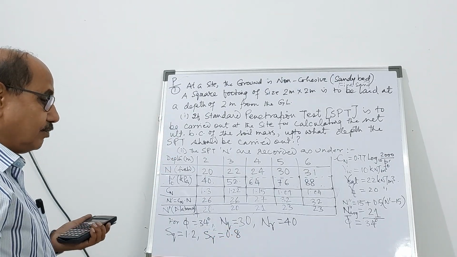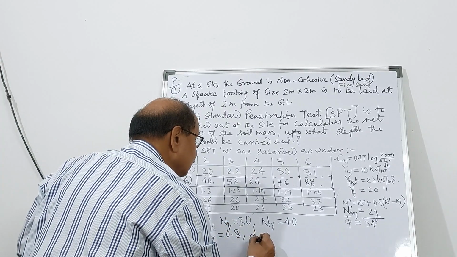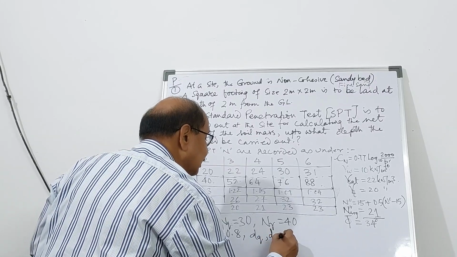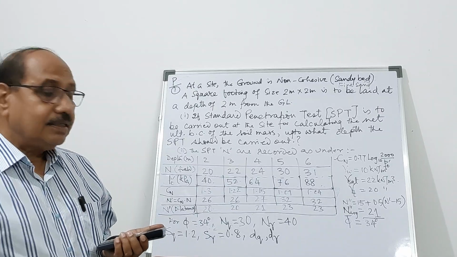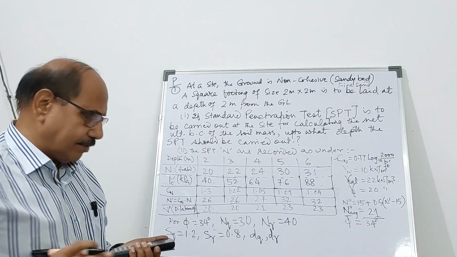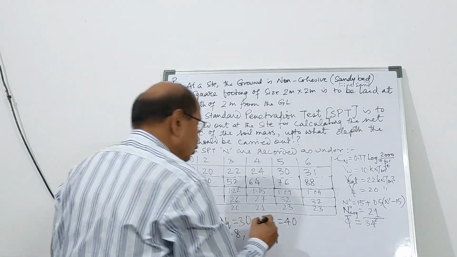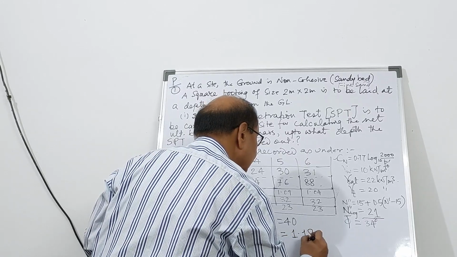You can find out the value of dq and d gamma. dq and d gamma are given by the expression 1 plus 0.1 d by b into tan of 45 plus phi by 2, and phi is 34 degrees. So if you calculate, you will get the value as 1.18.